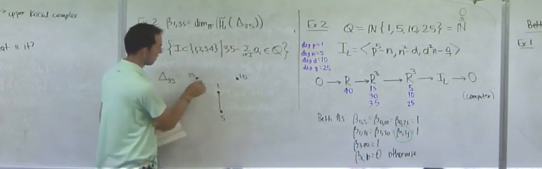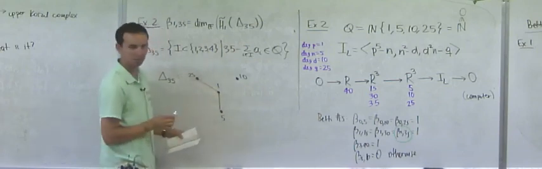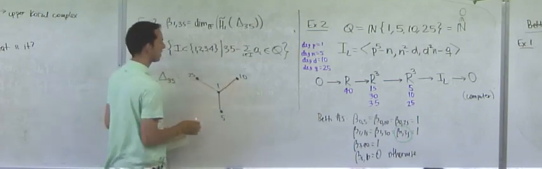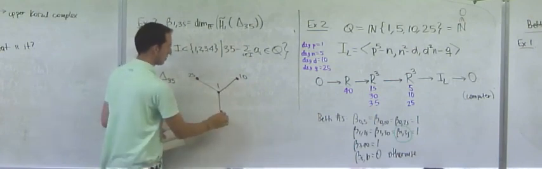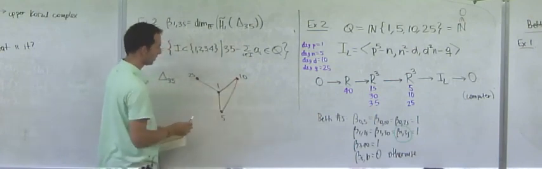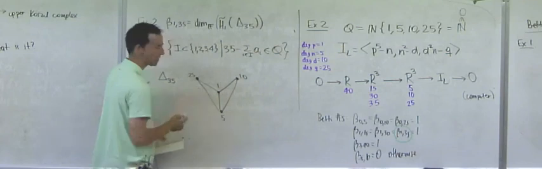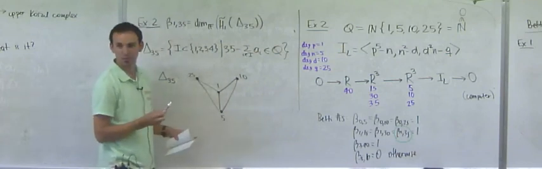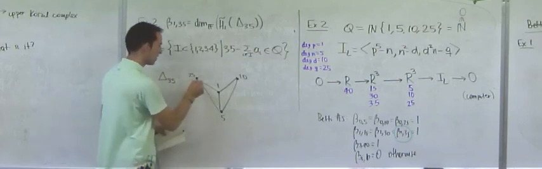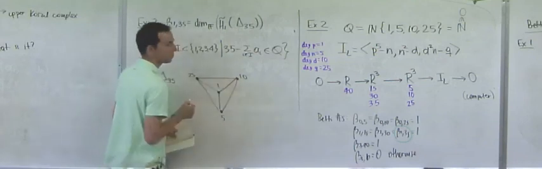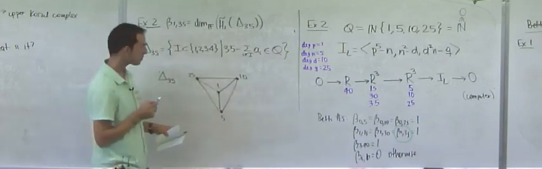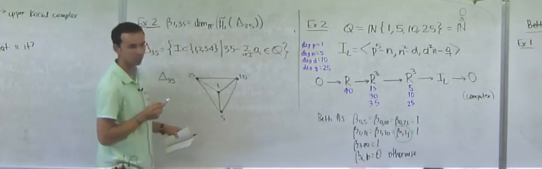Or if I subtract 1 and 25 from 35, I'm still a natural number. If I subtract 1 and 10, I'm still a natural number. If I subtract 10 and 5, I'm a natural number. If I subtract 25 and 5, I'm a natural number. But you see, this is why it's very important that 0 is a natural number. If I subtract 25 and 10, I get 0, which is a natural number. So those are the edges.